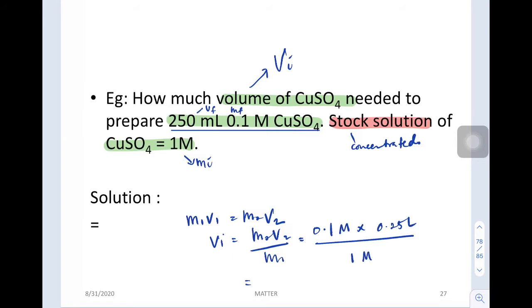So we will get the volume of the copper sulfate that is needed is equal to 0.025 liter, which is equal to 25 ml. This is how we apply the dilution equation, the dilution formula.